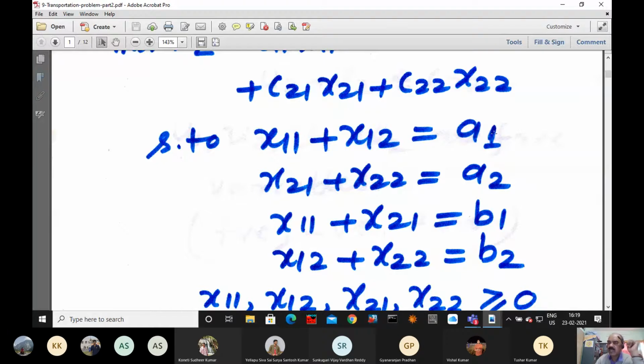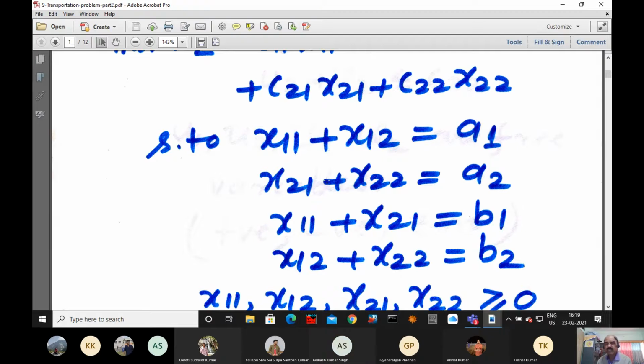Balanced means A1 plus A2 equal to B1 plus B2. So how many constraints are there? There are 4 constraints. How many variables are there? There are also 4 variables: X11, X12, X21, X22.